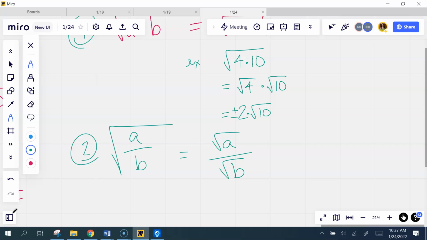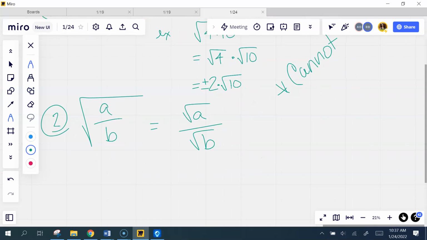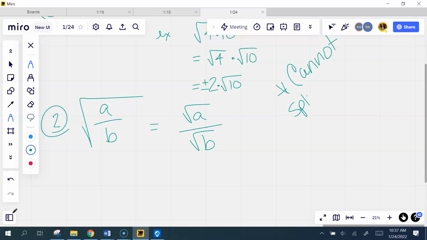Now notice I do not have a plus or a minus property here because you cannot, and you need to make a note somewhere, you cannot split addition or subtraction.